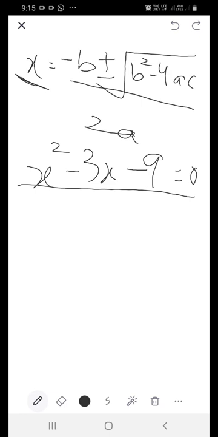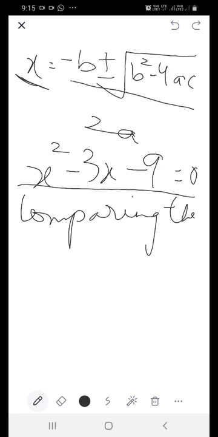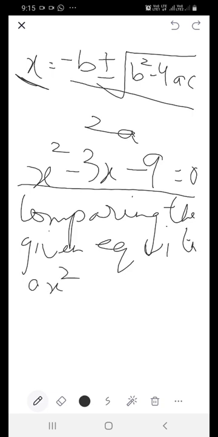For that you have to write a statement: comparing the given equation with ax square plus bx plus c is equal to 0.